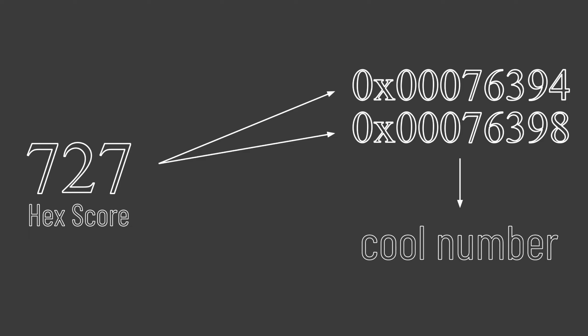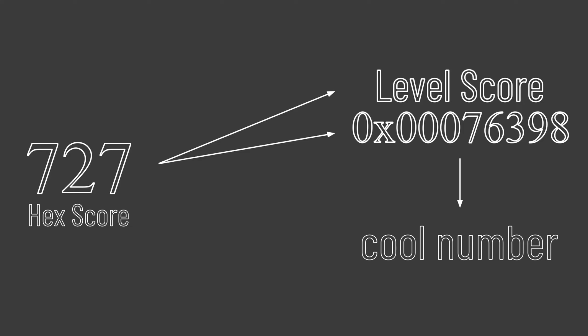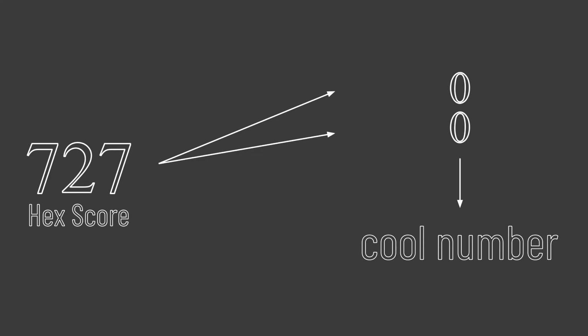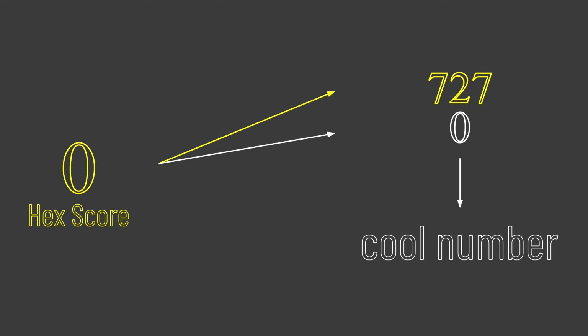We have 0x00076394, which we will just call the level score, and then 0x00076398, which we'll just call bonus points. What happens is that upon clearing the level, the frame that the clear screen begins, the hex score is cleared and then is copied over to both the level score and the bonus points.